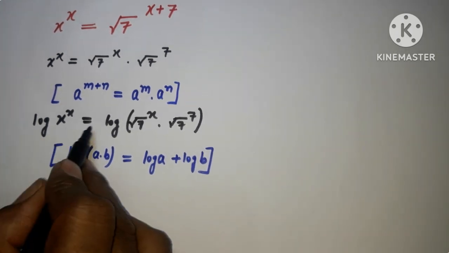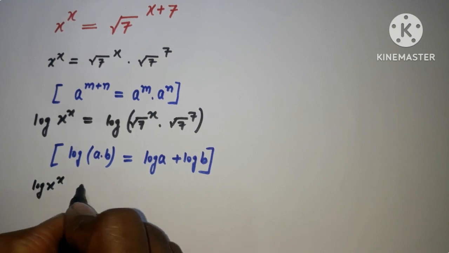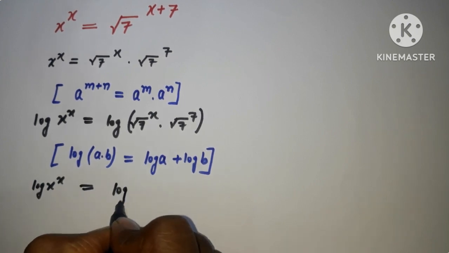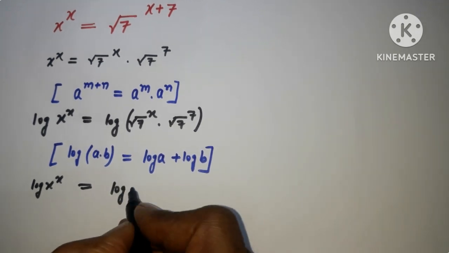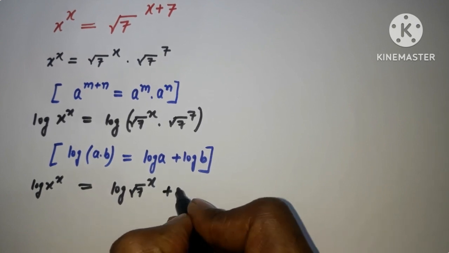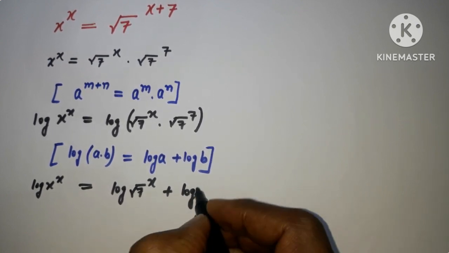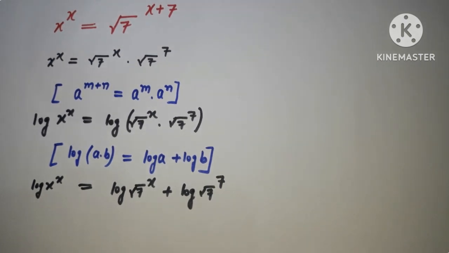Therefore we have the next step, log x to the power x. Here this product is going into the form of addition, so log root 7 power x plus log root 7 power 7.